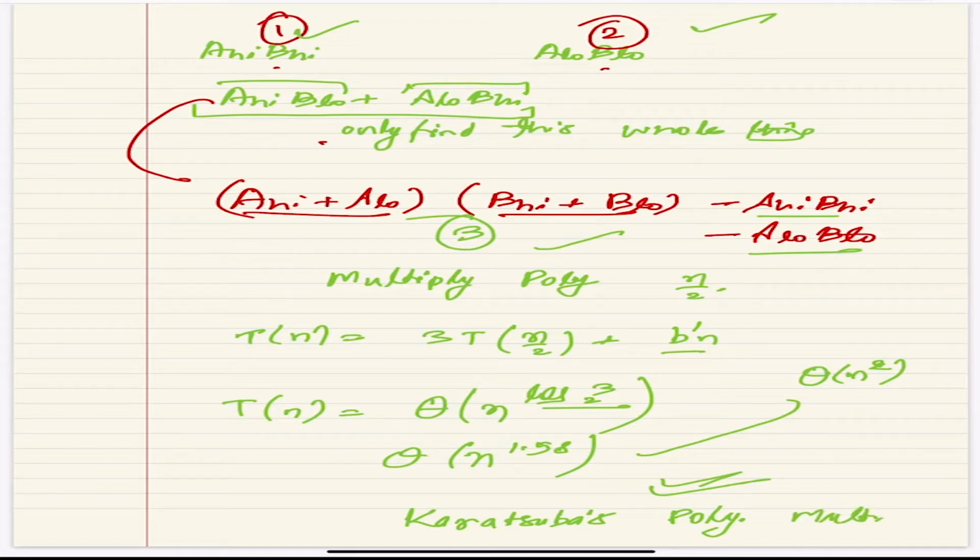Now let's see a similar such problem, and this is matrix multiplication. What is that? Well, you know that already, we covered that in chapter 1. What is matrix multiplication?